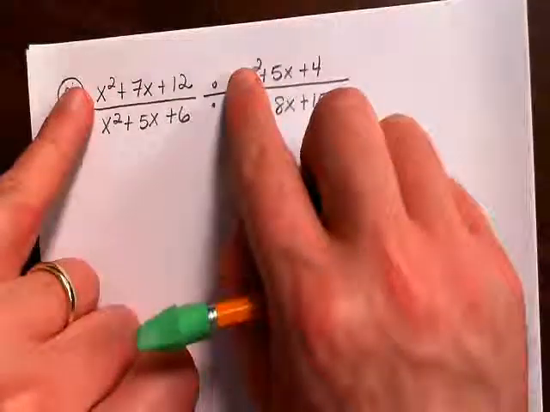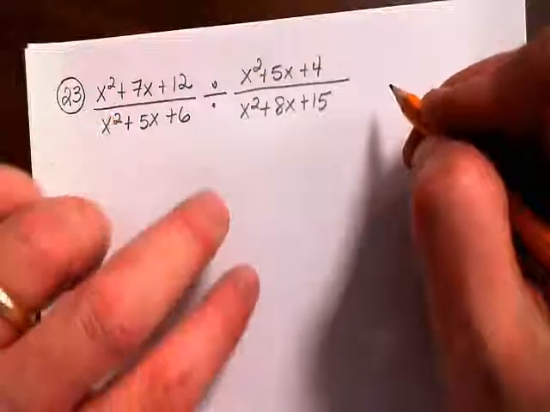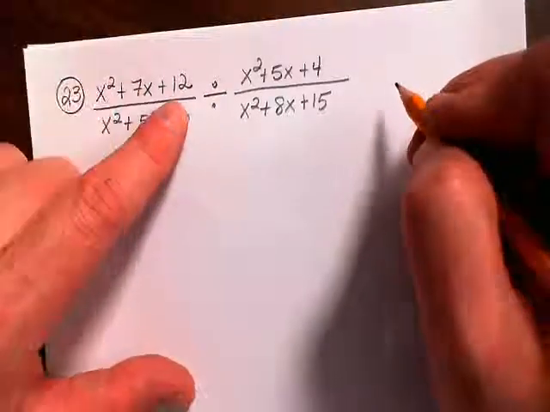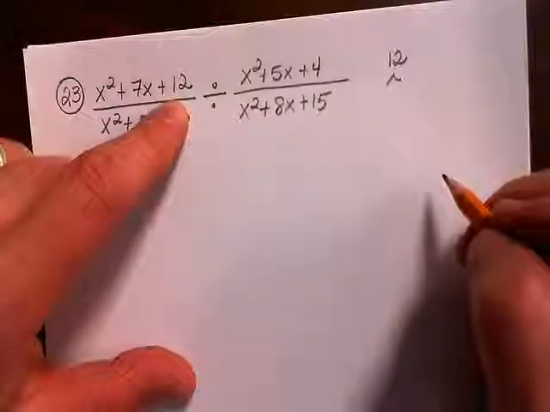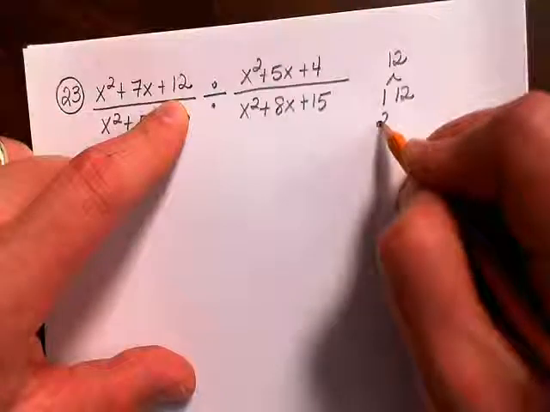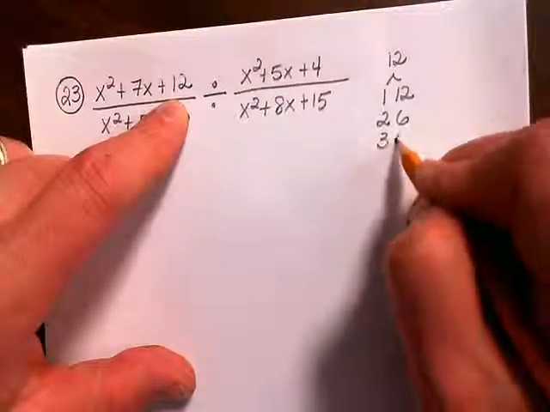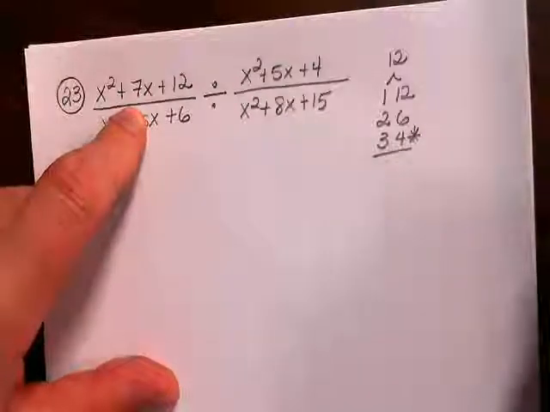First thing I noticed, everybody had 1 in the front. That's good. Going to make things easier. So we're going to focus on the last term here, which is 12. And we're going to say, what numbers give me 12? 1 and 12, 2 and 6, 3 and 4. Which one gives me a 7? 3 and 4.